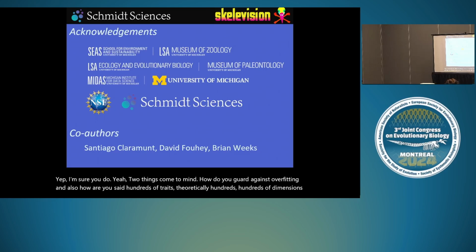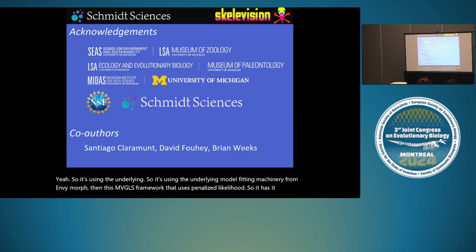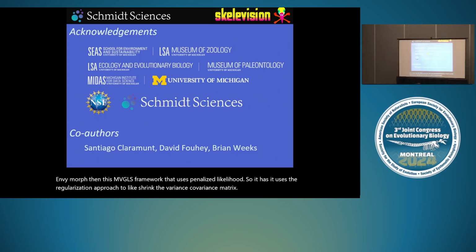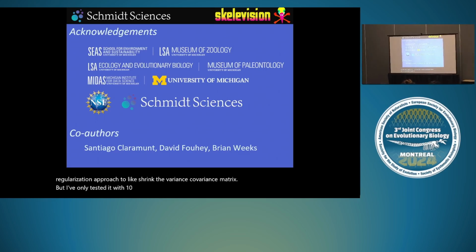So it's using the underlying model fitting machinery from mvMORPH in this framework, Julien Clavel calls it the MVGLS framework, that uses penalized likelihood. So it uses a regularization approach to shrink the variance covariance matrix. But I've only tested it with 10 to 15 dimensions, but theoretically it can work with hundreds of dimensions, and Julien has used it to study very high dimensional phenotypes.